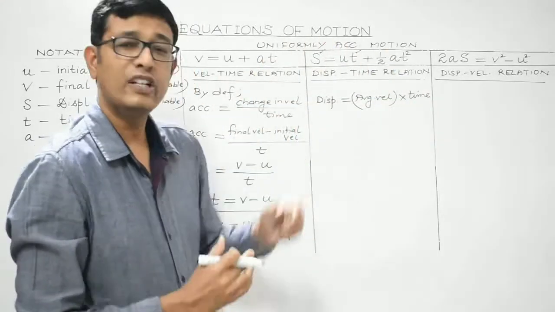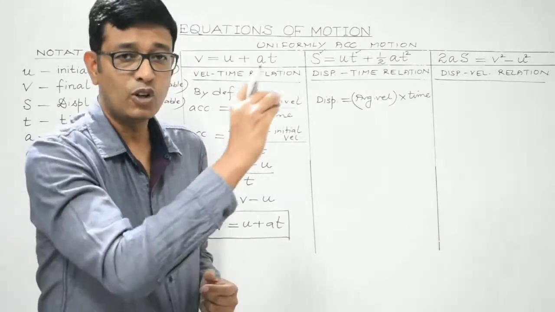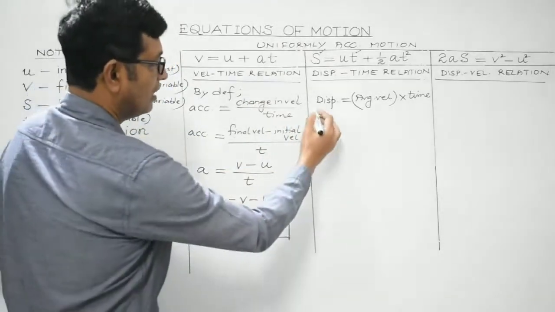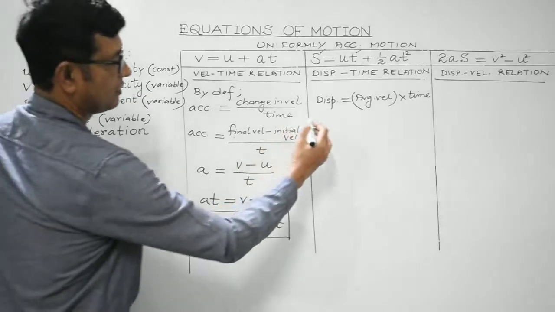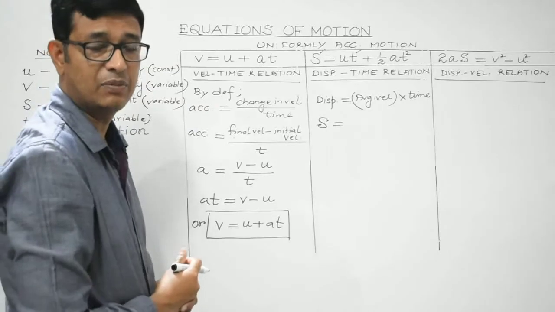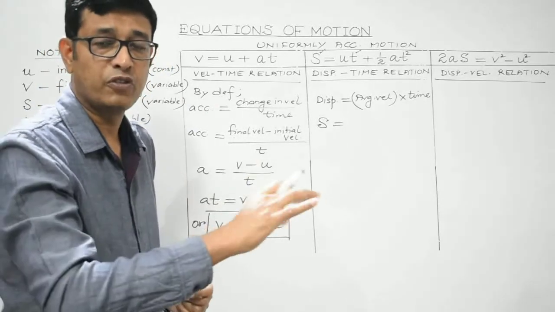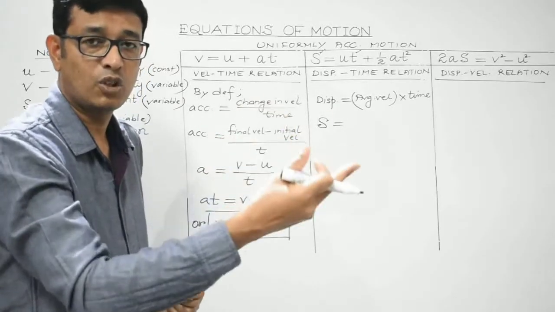So what will be the average velocity? Average means arithmetic mean, sum of the observations divided by total number of observations. So displacement, as I stated earlier, is represented by capital letter S. Average velocity can be taken as the arithmetic mean. Initial velocity was u, final velocity of the body is v.